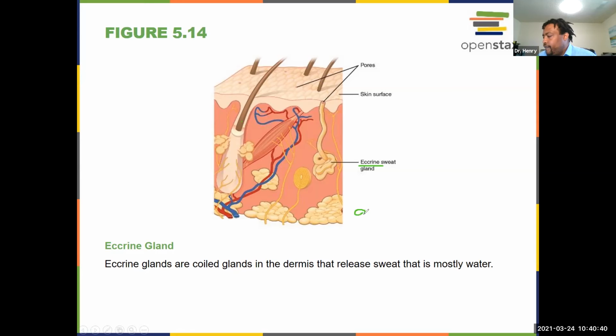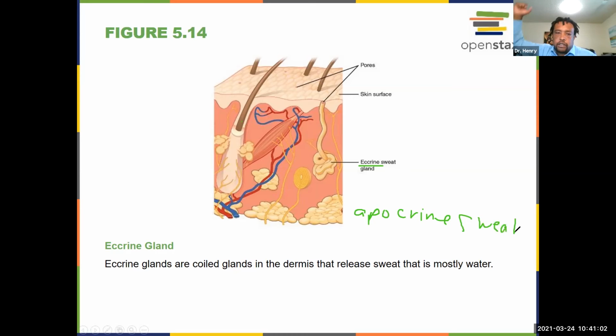And then we have the apocrine sweat glands. These guys, the eccrine glands, are just kind of in your pores generally, so they're alone. The apocrine sweat glands are often going to be associated with hair follicles.